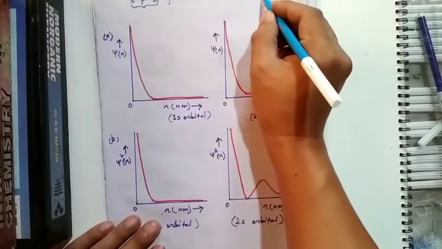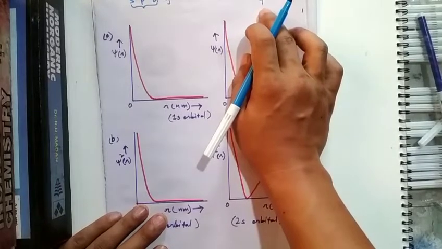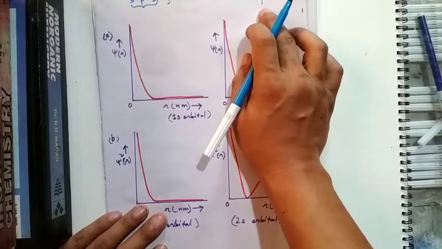So this psi, we have discussed this psi in the Schrodinger equation also. This psi gives the probability of finding an electron.